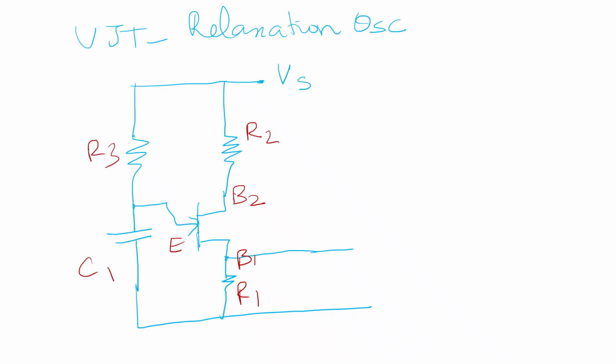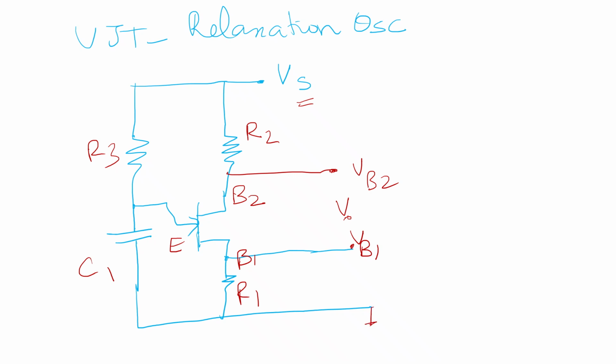The output is taken across VB1 and VB2. So two outputs are possible when the DC voltage plus VCC is given.